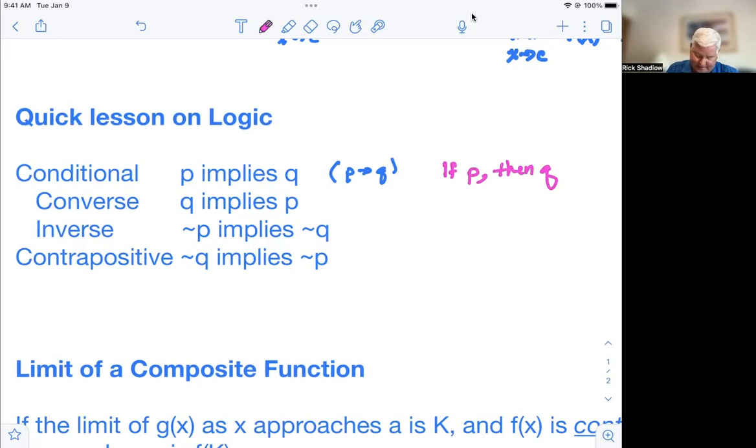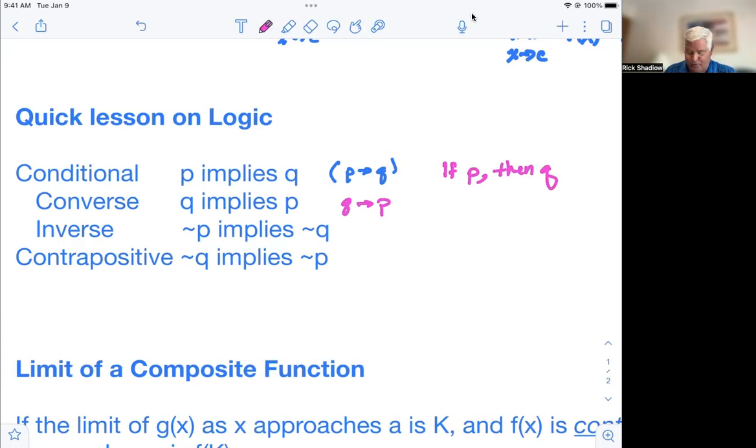I have intentionally indented the converse and the inverse. Q implies P would be symbolically represented this way, and that would be if Q, then P. One does not imply the other necessarily.